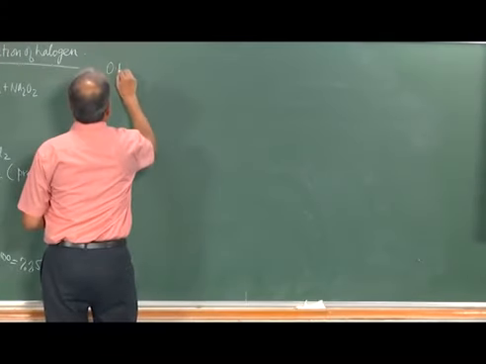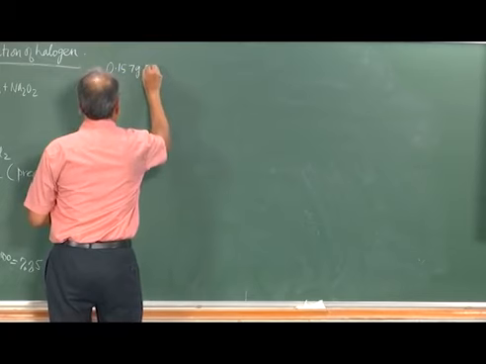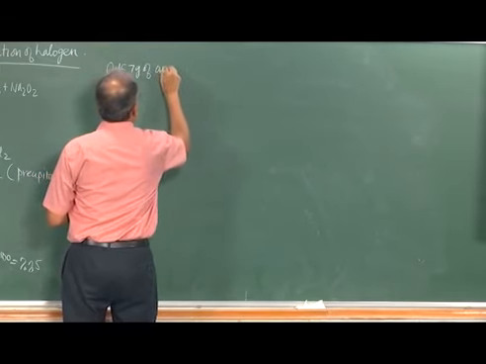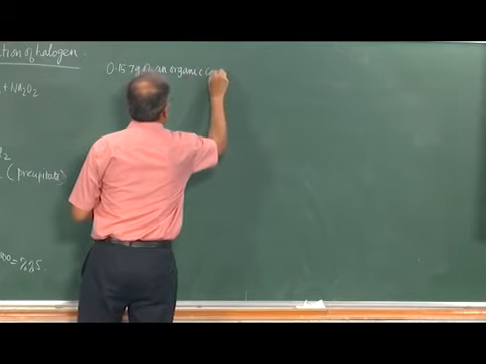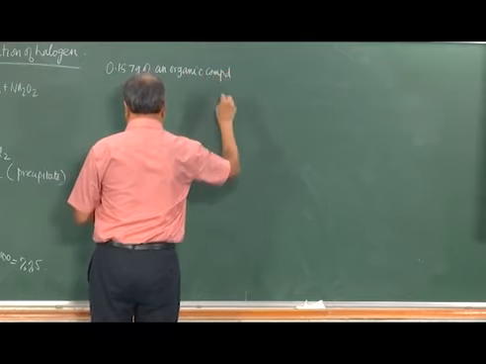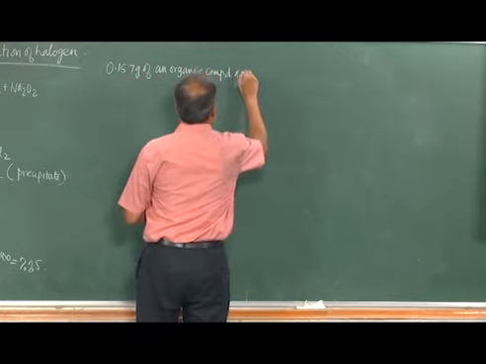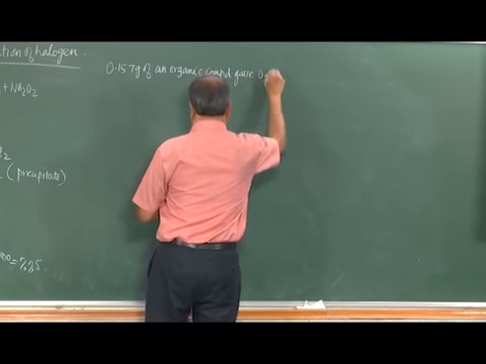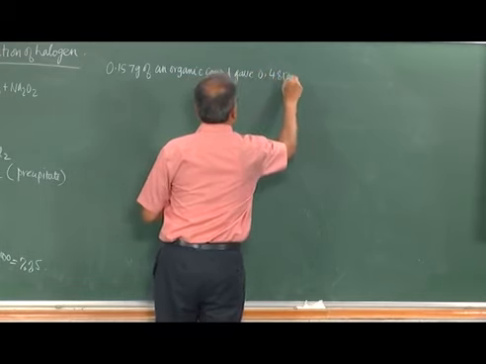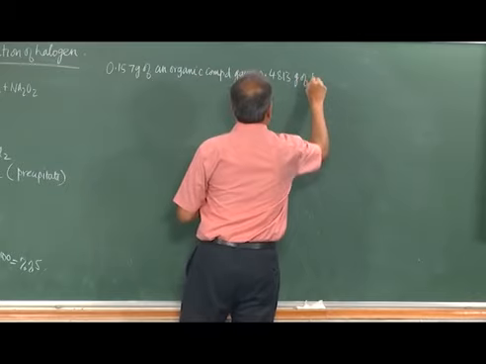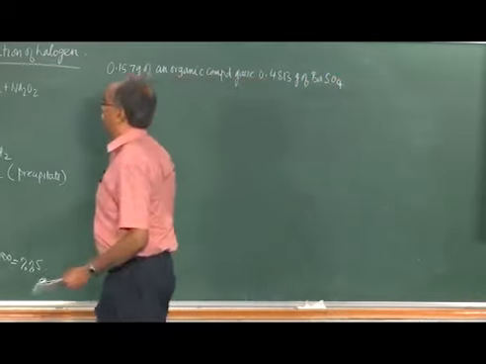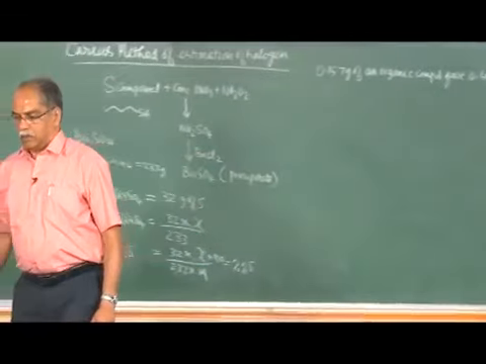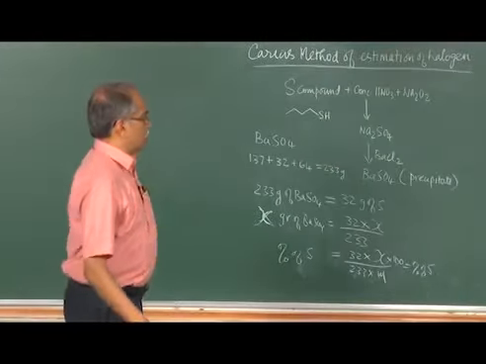0.157 grams of an organic compound gave 0.4813 grams of barium sulphate using the barium sulphate estimation method or sulphur estimation method.